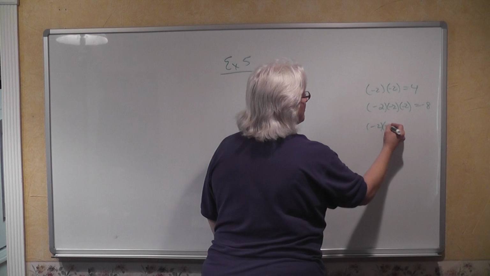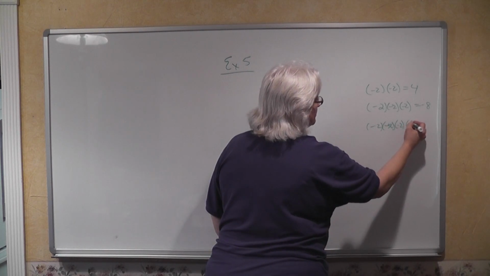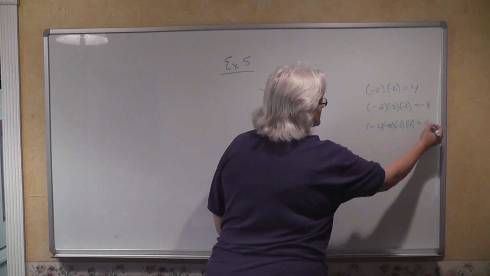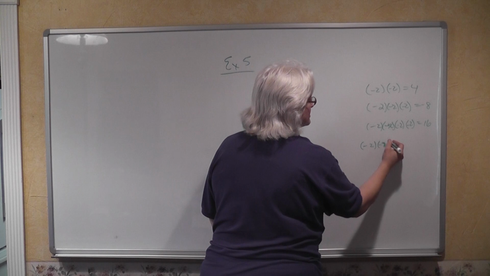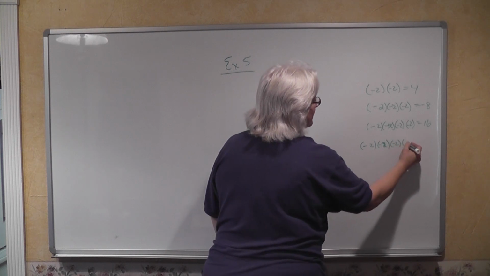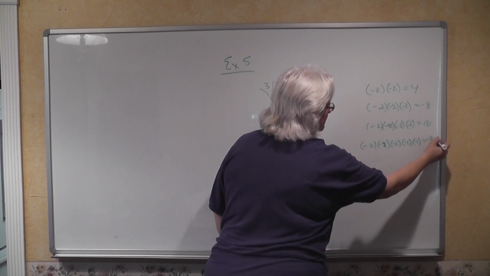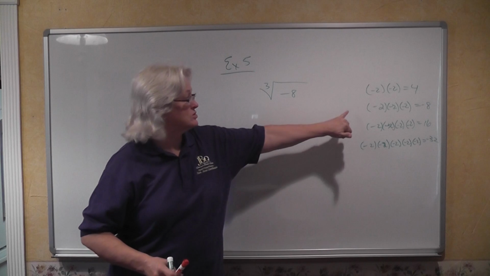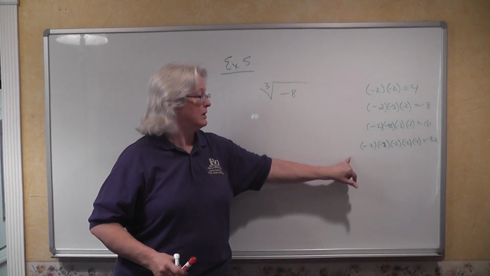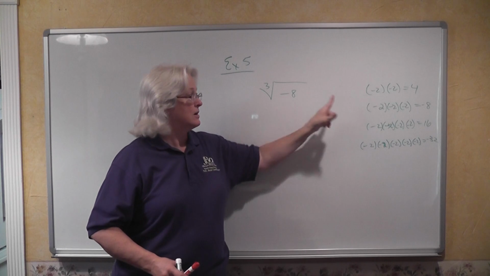If you have 4 factors of -2, you have a positive 16. And if you have 5 factors of -2, then you have a negative 32. We saw that there was a pattern that as long as you had an odd number of negative factors, you had a negative product.